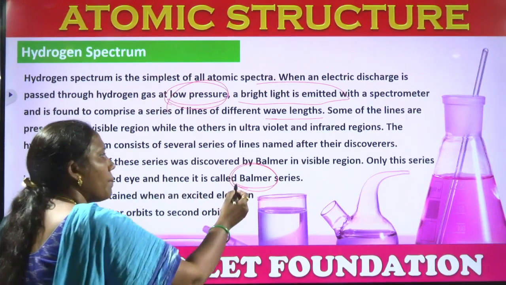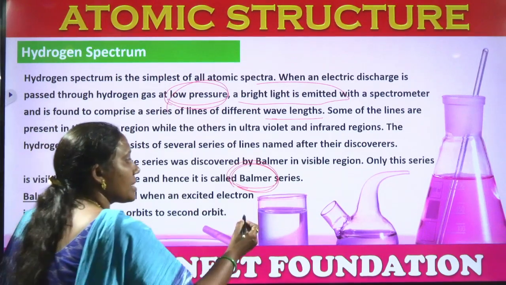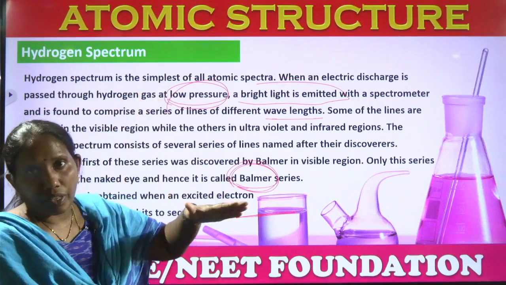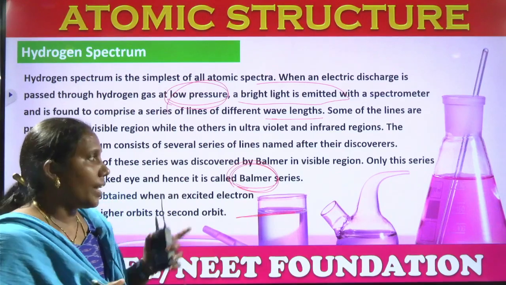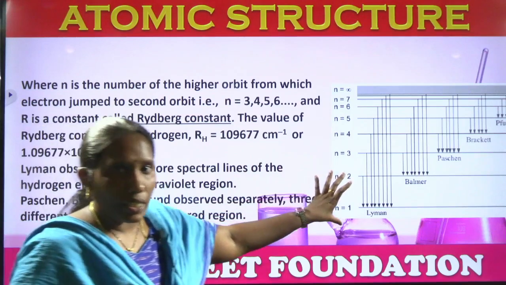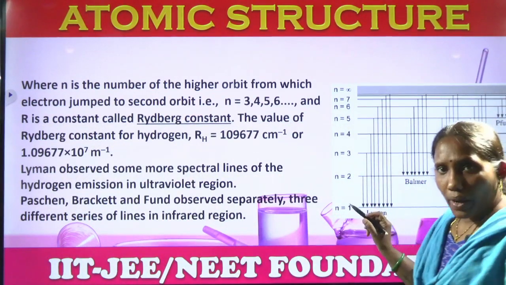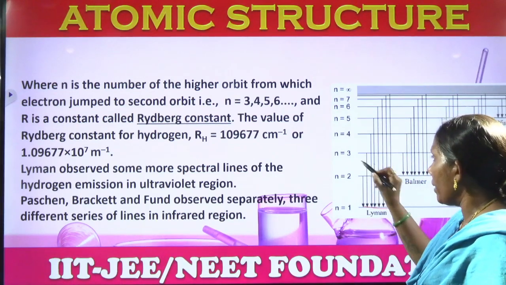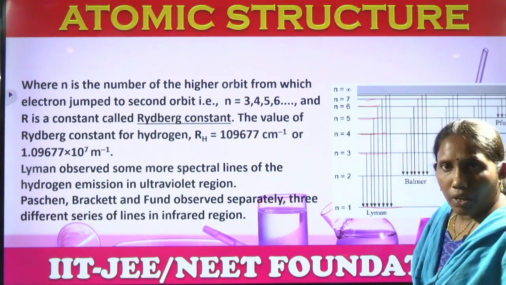Generally, we can observe this Balmer series when electrons jump from higher orbits to the second orbit, n equal to 2. See here, you can see the spectral lines. This is n equal to 1, first orbit, n equal to 2 second orbit, third orbit, fourth, fifth, sixth, seventh and infinity.